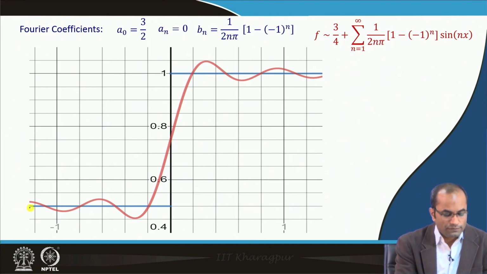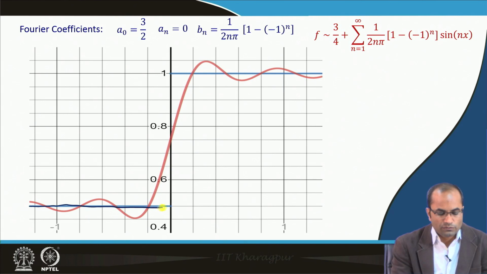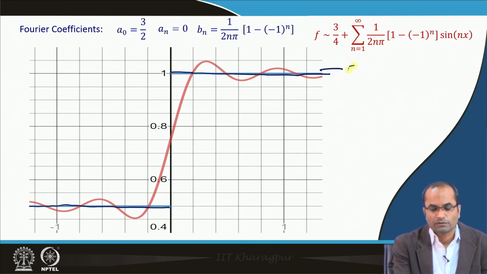Just recall the function was given here from minus pi to pi: from minus pi to 0 it was half, and then the value was 1. So, this was our function f x, and this is the Fourier series we have plotted for about 10 terms.